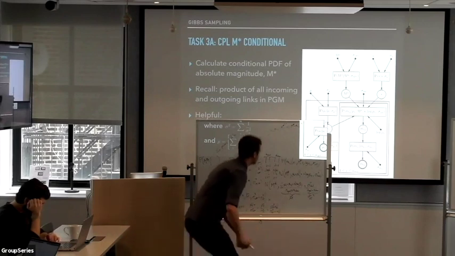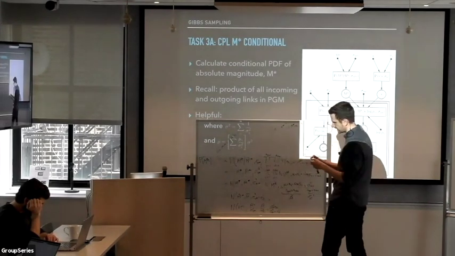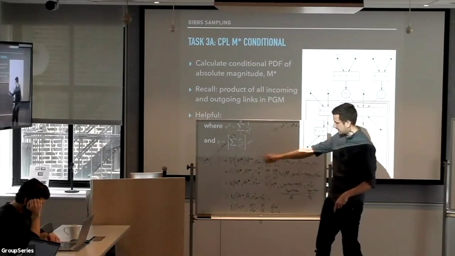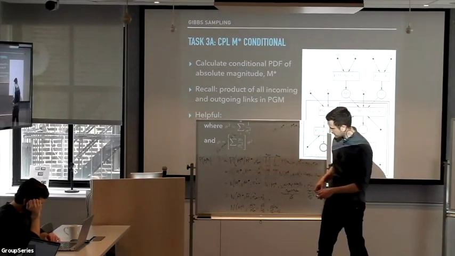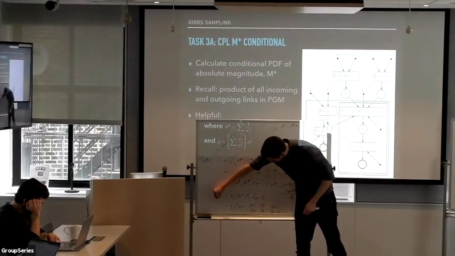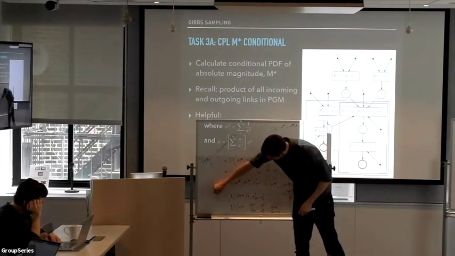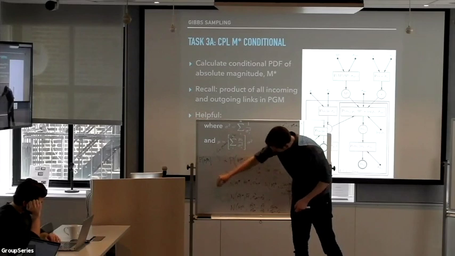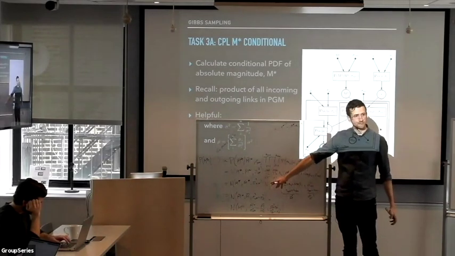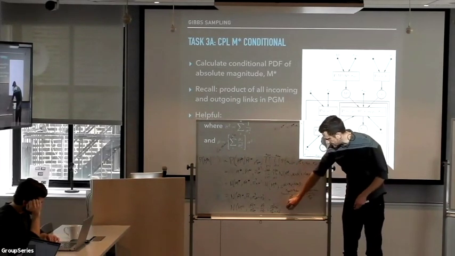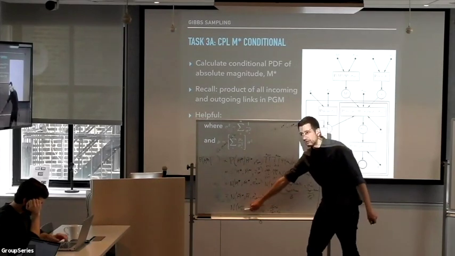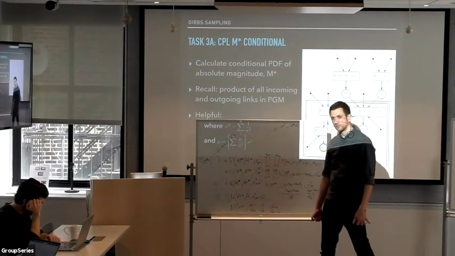Right, so because you can write down this conditional distribution from the diagram and then write it all out in terms of Gaussians, you end up having a two-term thing here. This doesn't depend on m star at all, independent of m star. And so you don't need it when you're sampling, okay? In order to sample from this distribution, in order to draw a new m star, you just need to draw from a Gaussian, okay?